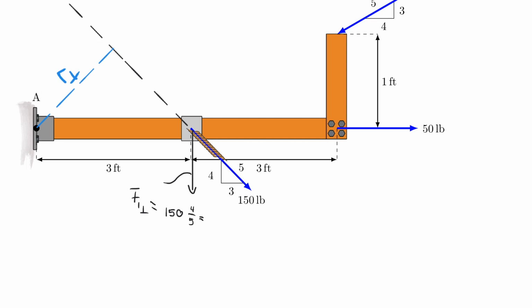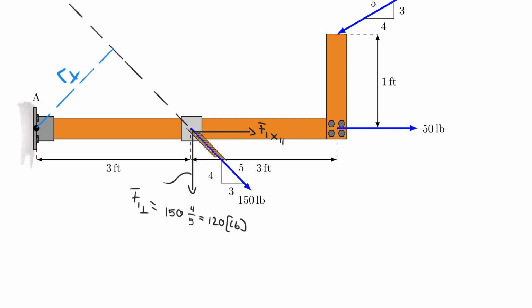So that would be 30 times 4, which is 120 pounds. And of course, I could now go ahead and calculate the parallel component or the x component, right? So this here would be F1x, or also parallel.